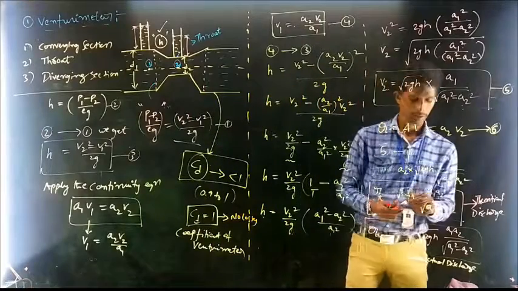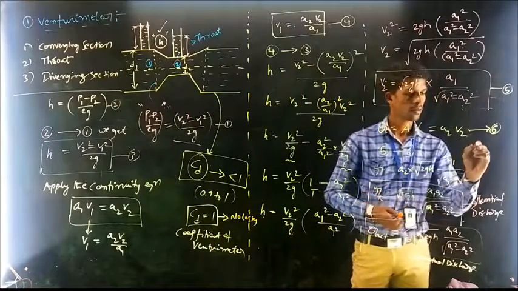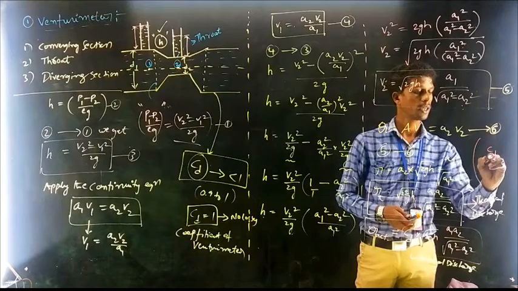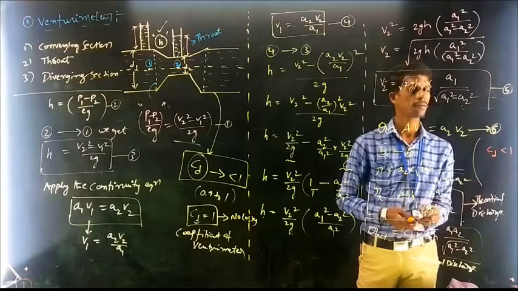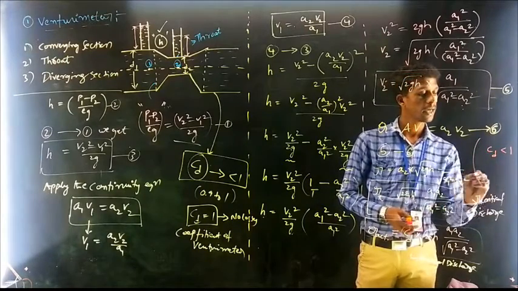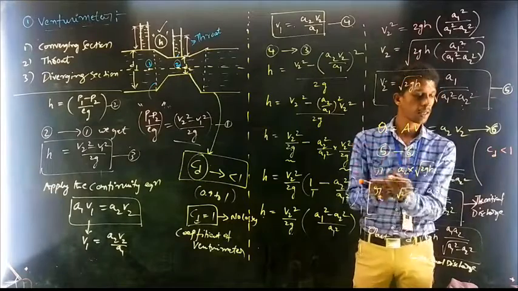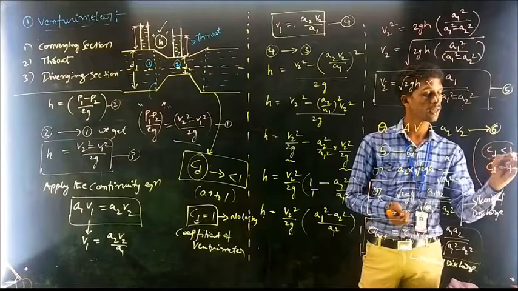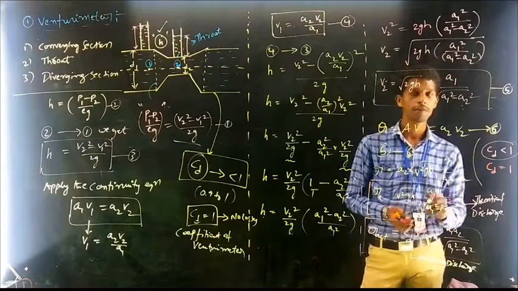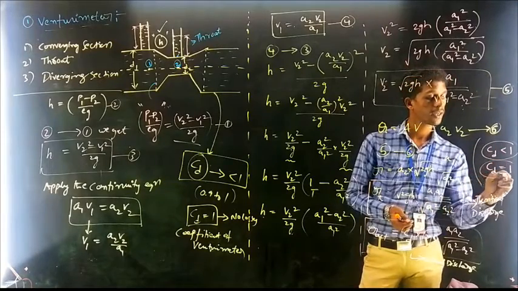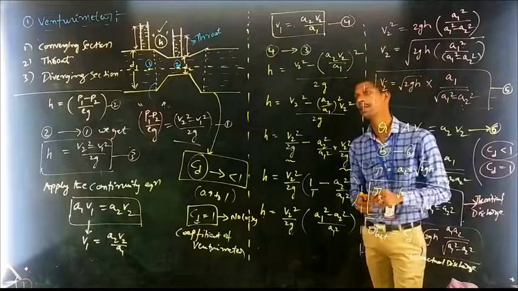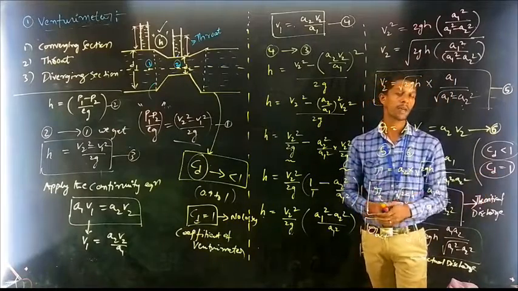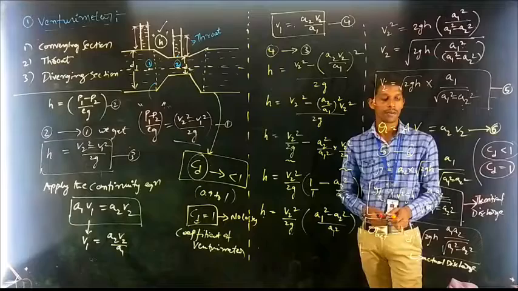Here CD less than 1 generally we will take, and if losses are neglected, the CD value is equal to 1. If losses are there, we have to take less than 1 as CD, and if there are no losses inside the pipe section, we will take it as 1.